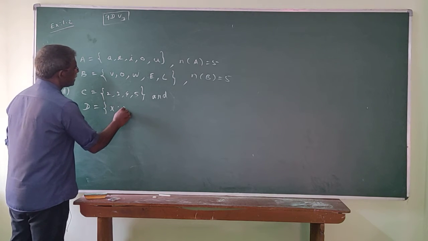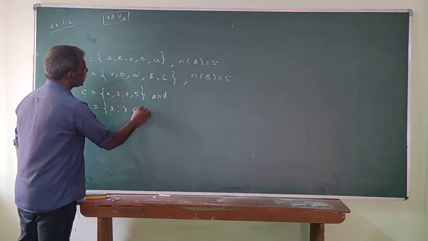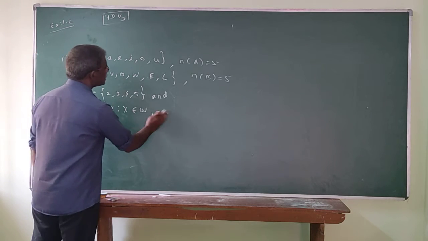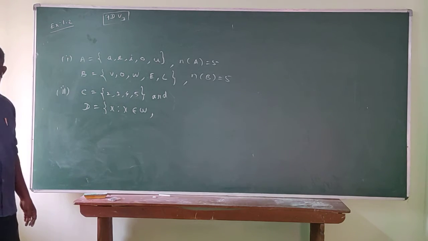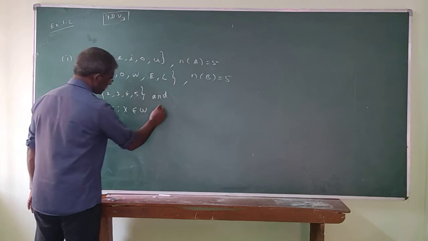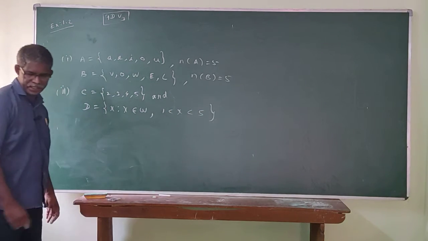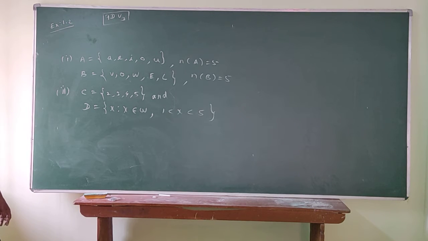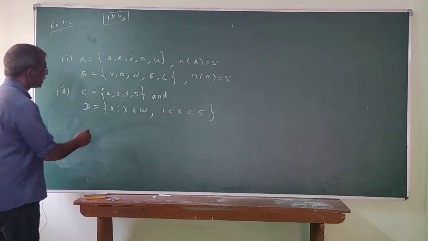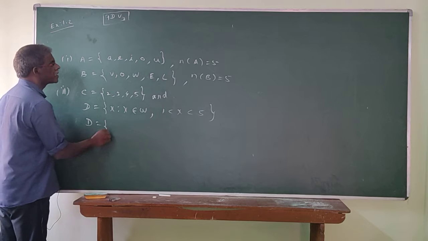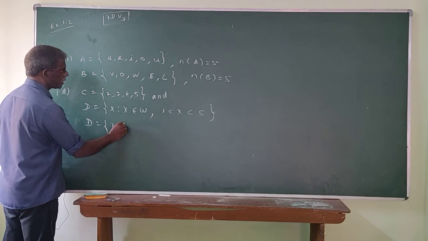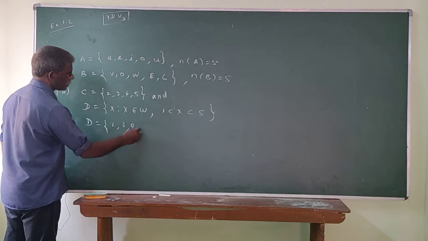So, what are the elements of D? D is equal to {2, 3, 4}, only.